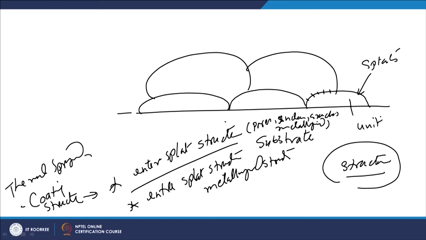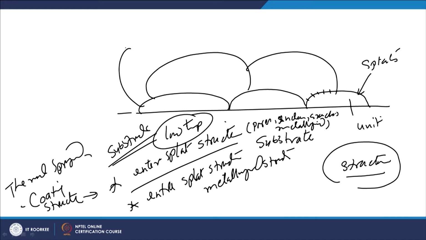Now, one more thing: since the mass of the substrate is very high, it is at low temperature. So, the mass is high and the temperature is low, while the particle mass is very small and the temperature is very high.